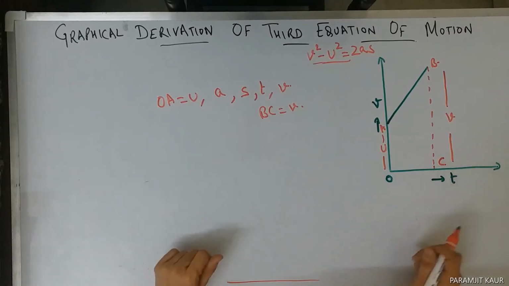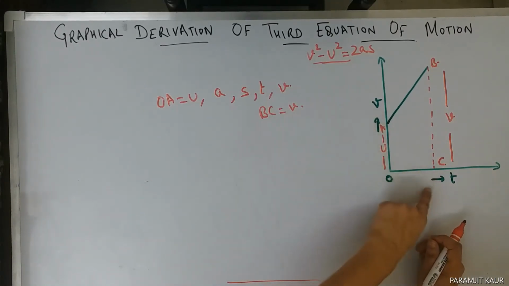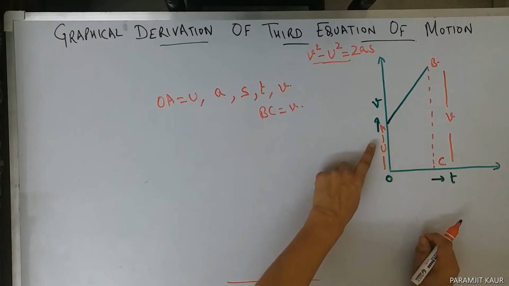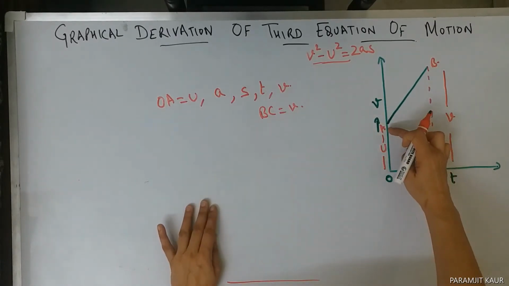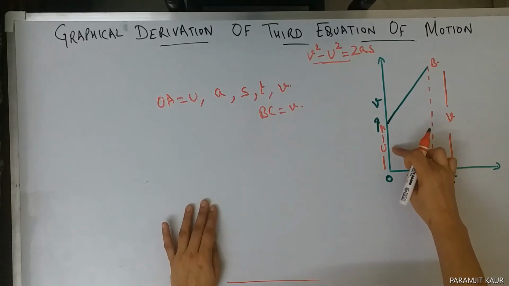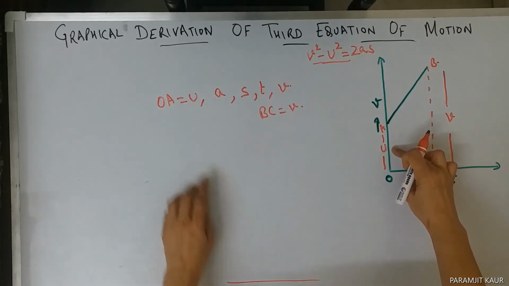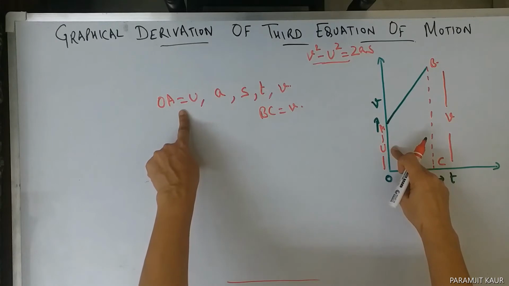I'll repeat. Let us consider a velocity time graph when the initial velocity of a body is not 0. Let at point A the initial velocity be u, such that OA equal to u.